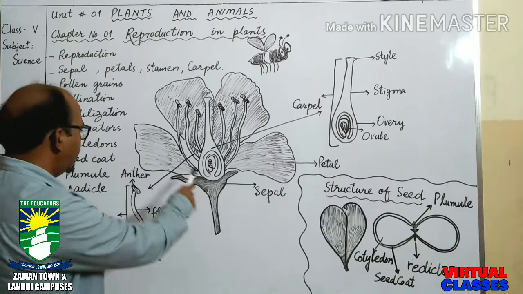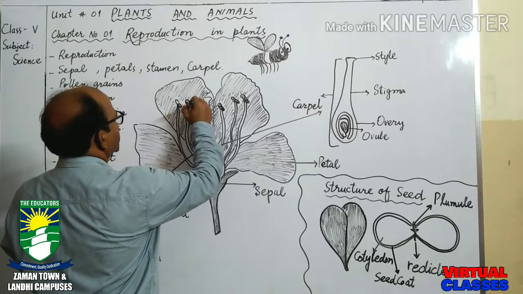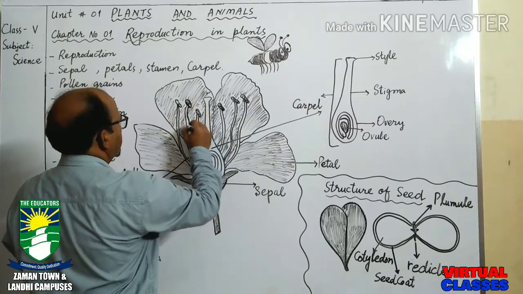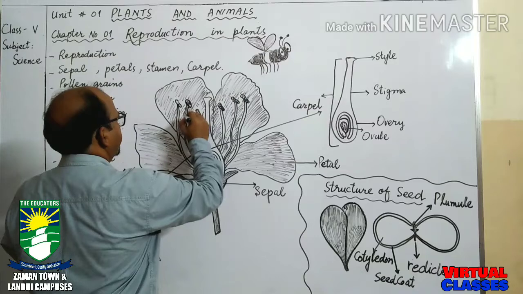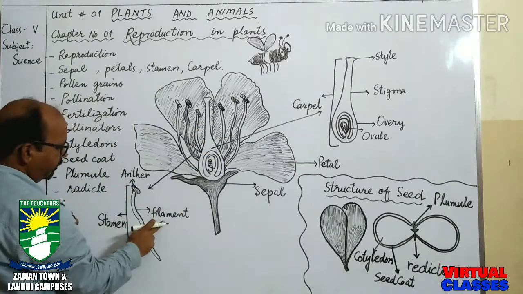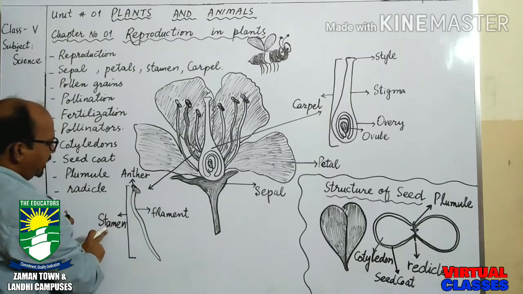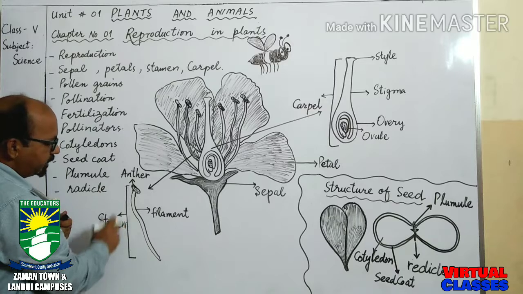And the third part is this one. I'm just going to show you. This is called stamen. Stamen has two parts.